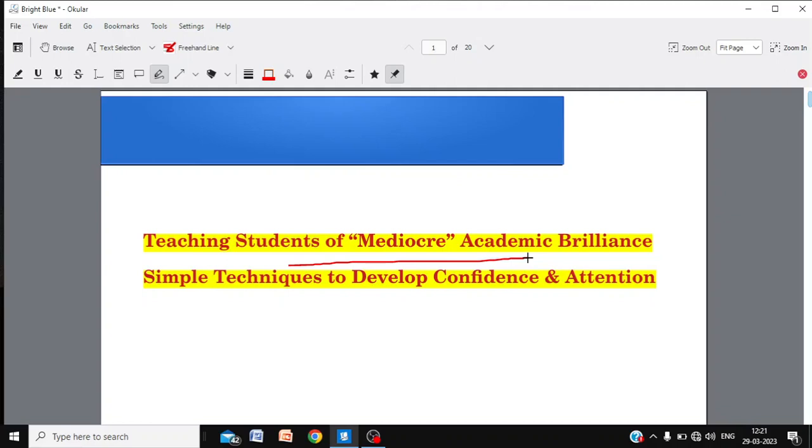But academically, they might be having a mediocre score, or they might not be interested. So how to teach them? Simple techniques to develop confidence and attention when you are teaching the so-called mediocre students.